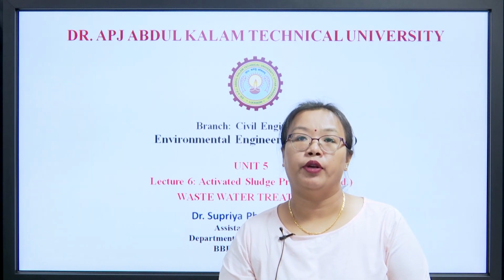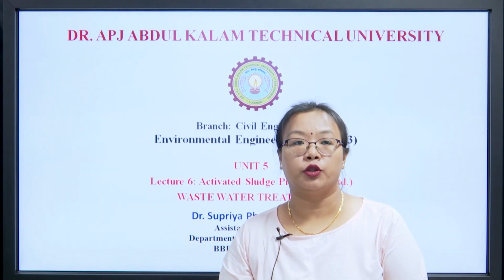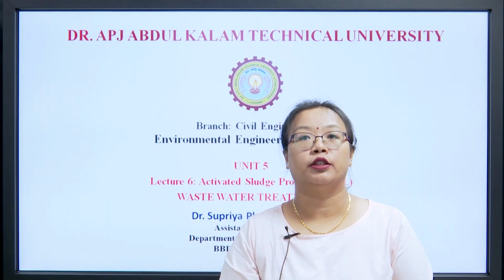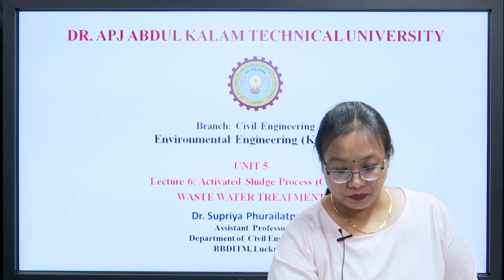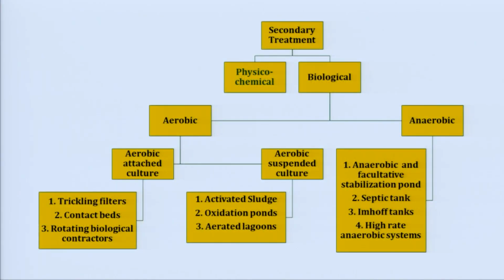In lecture number 5 we have already talked about the activated sludge process, and in the 6th lecture I will also be continuing with the activated sludge process. So, this is the syllabus, I have already shown you this. As I have already told you, activated sludge will come under aerobic suspended culture.